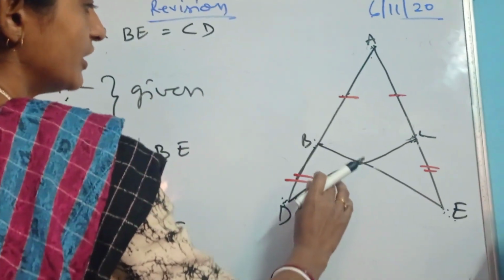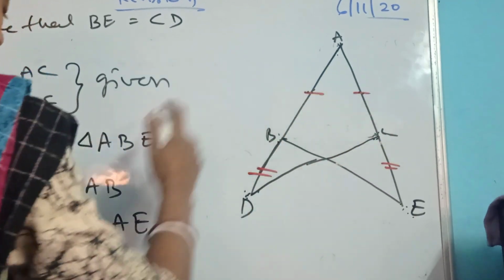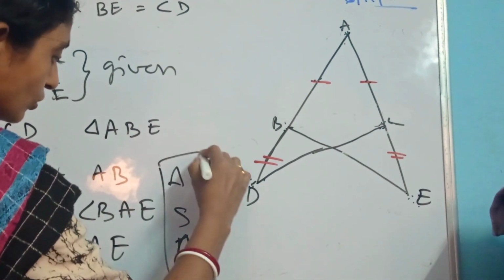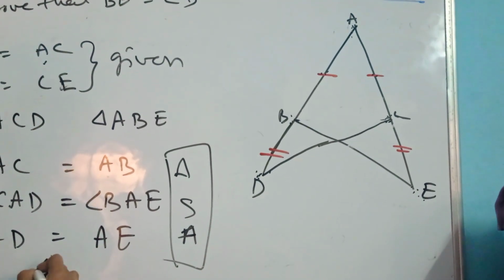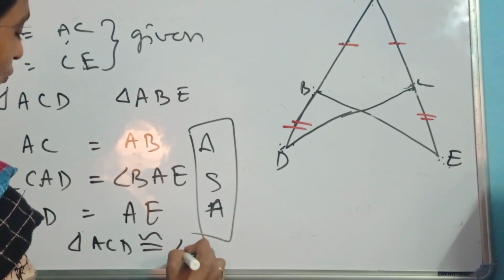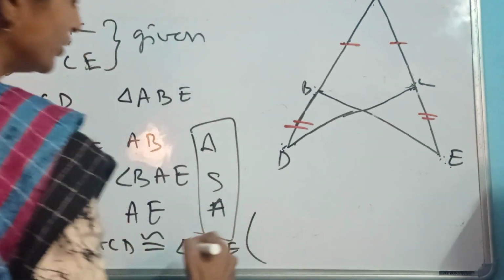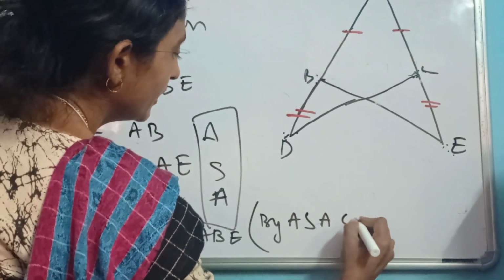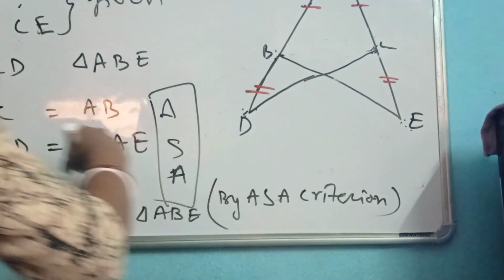Here also one side, one angle, another side. So what are the things you have got? Side, angle, side. Yes or no? You are getting these three things. So we can say that triangle ACD is congruent to triangle ABE by the side angle side criterion. This one we have proved here.